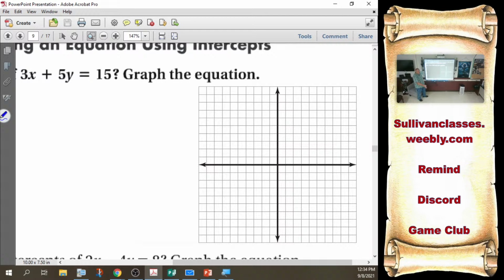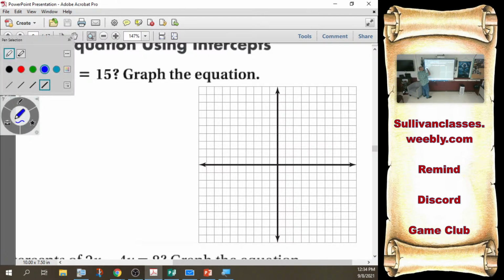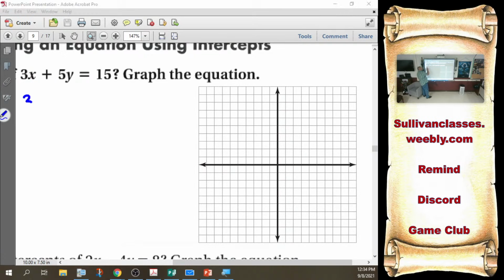So if I want to know what my y-intercept is, you plug a 0 in for x. Anything times 0 is 0. Divide. So I'll have a y-intercept at (0, 3). You don't have to write anything out for that.